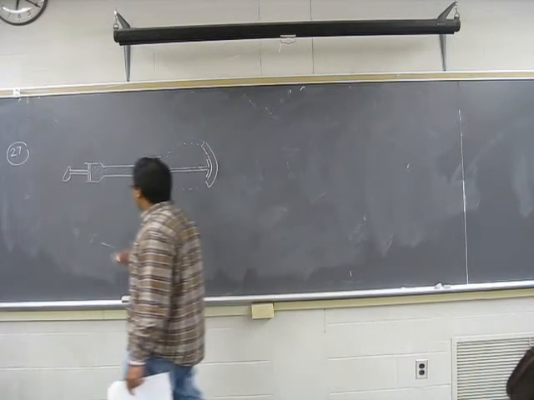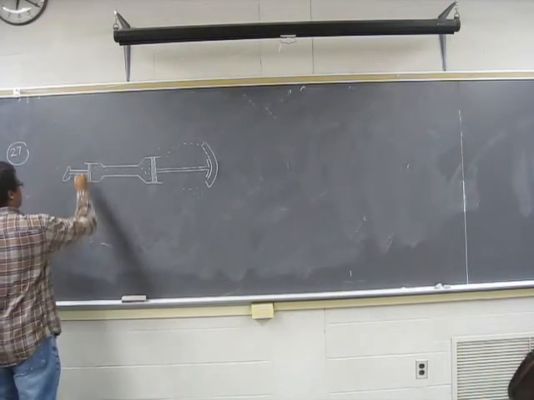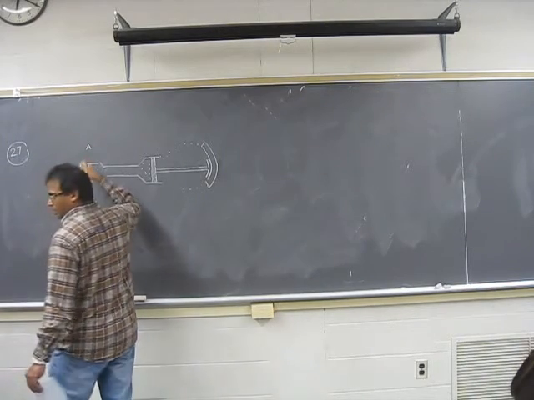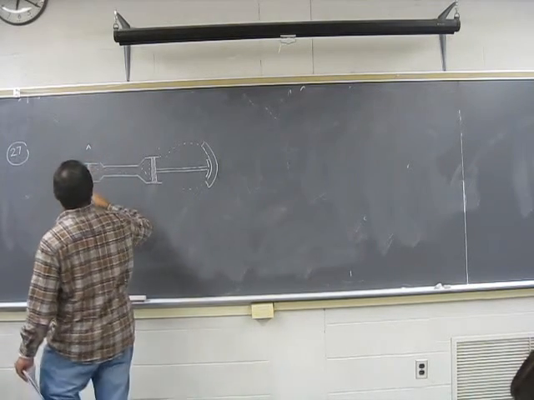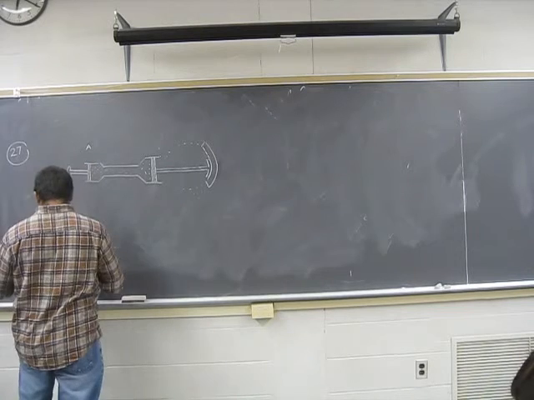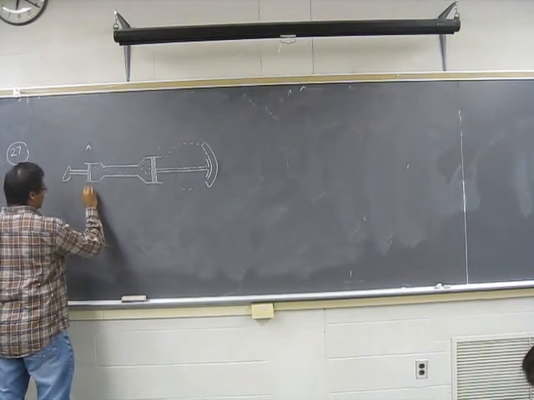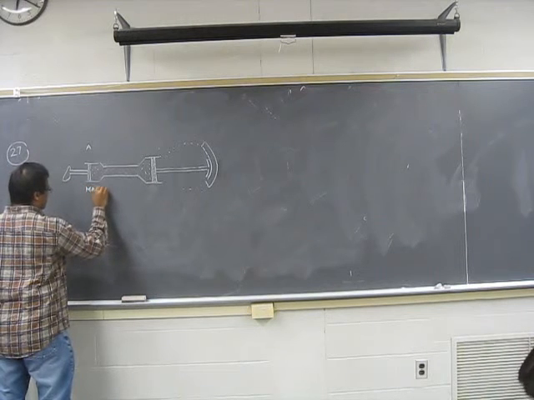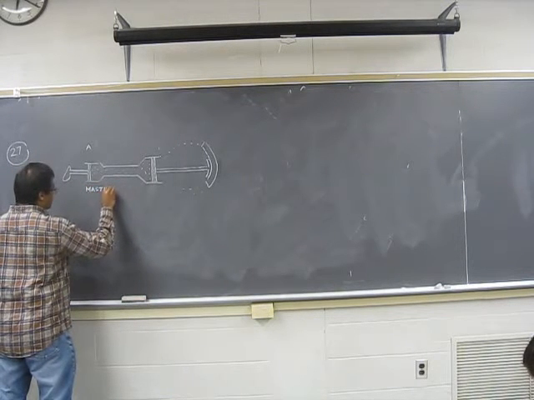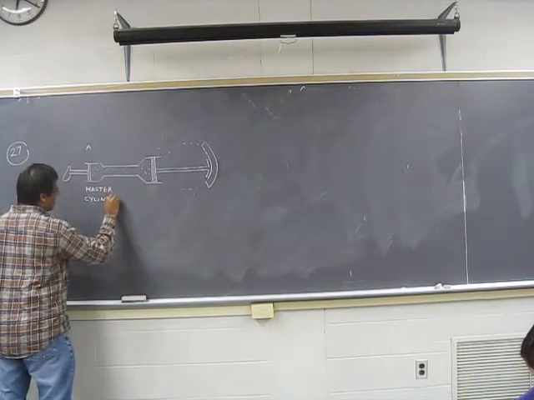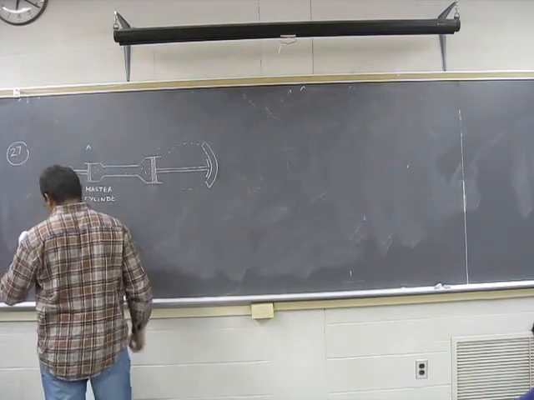Okay? So let's start with the area of the surface of this piston right here. This is a piston. So I'm going to say this side is a master cylinder. This is the brake cylinder.